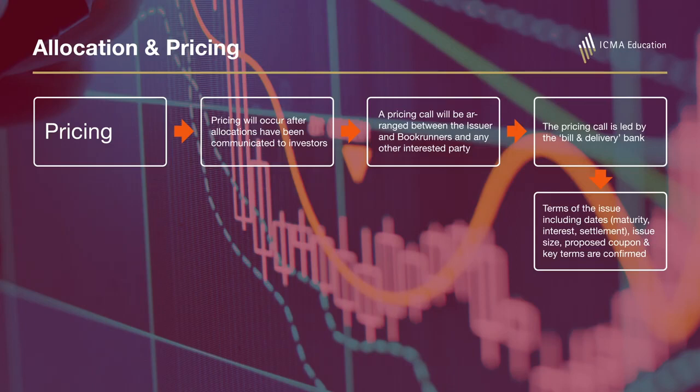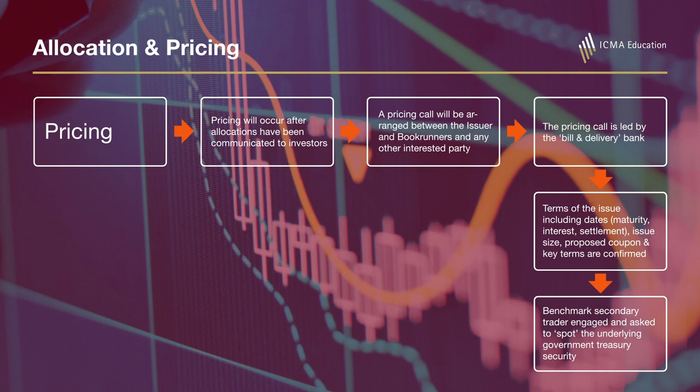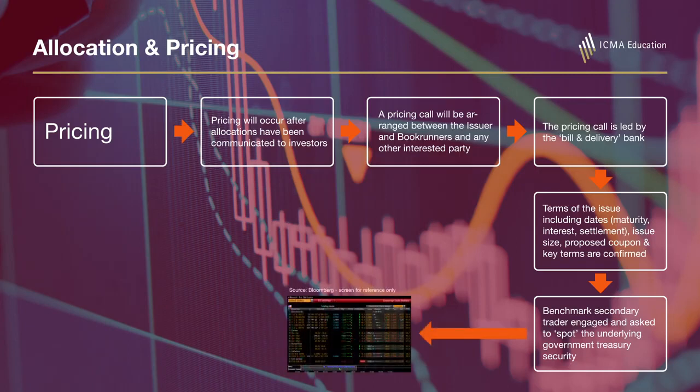Now, once this is done, the bill and delivery book runner will arrange for their benchmark secondary trader to come onto the call and spot the underlying government treasury security. So that trader will consult its Bloomberg screen, for example, and quote the yield and price on the underlying government security. And that enables the new issue bond itself to be priced.